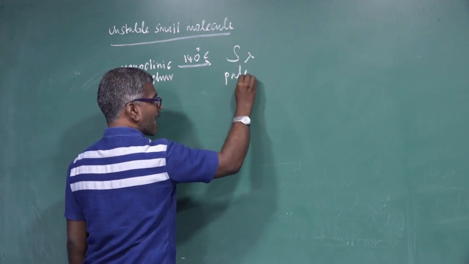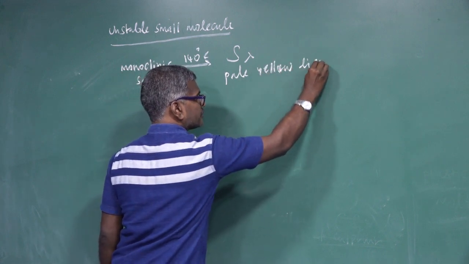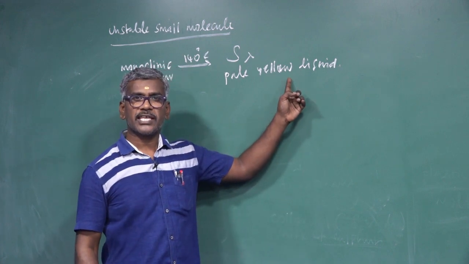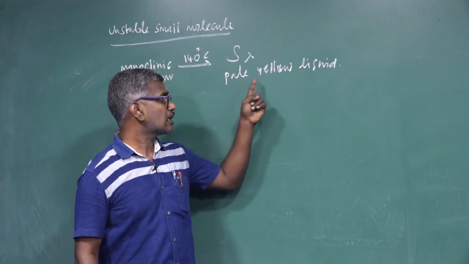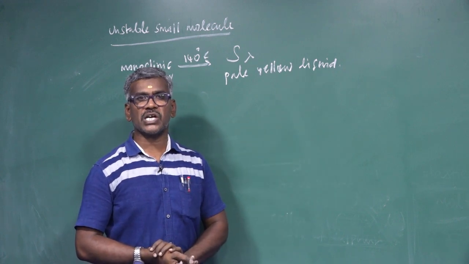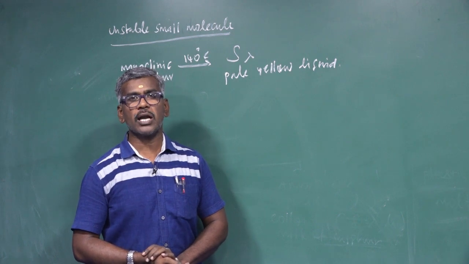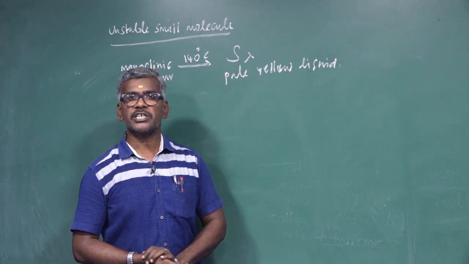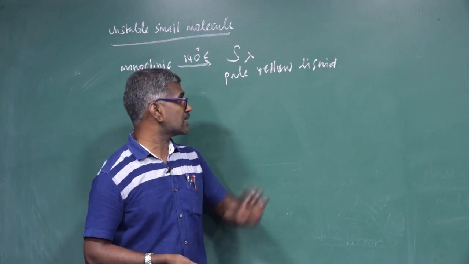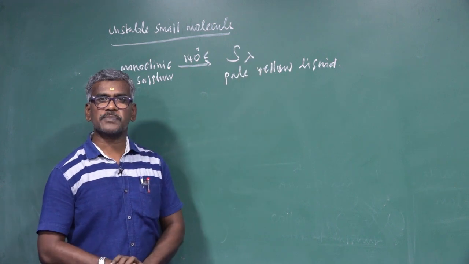This is a pale yellow liquid. This compound is unstable. The vapor over the yellow liquid consists of 90% of S6, S7, S8 and a small amount of S2, S3, S5. These are the allotropes of sulfur.